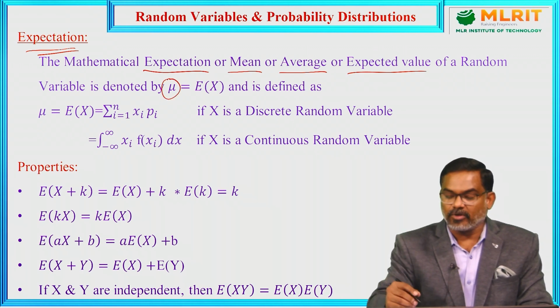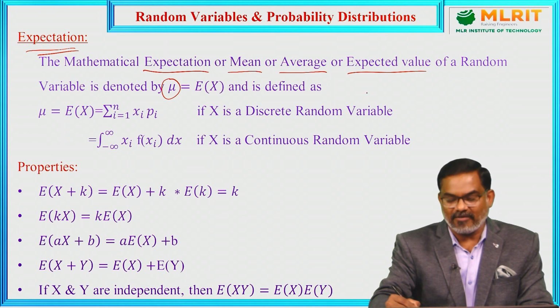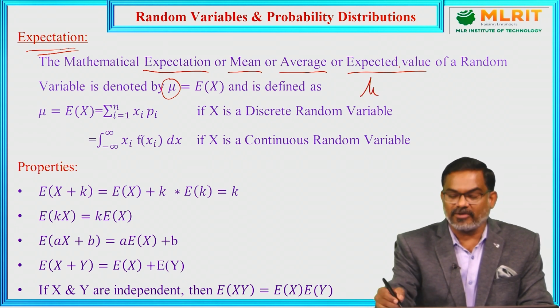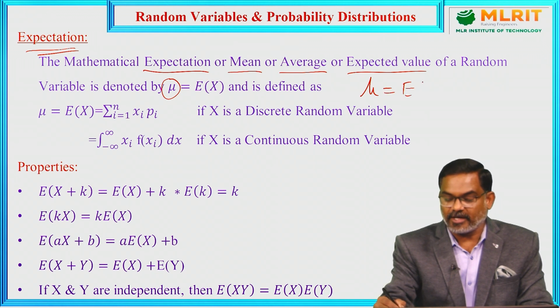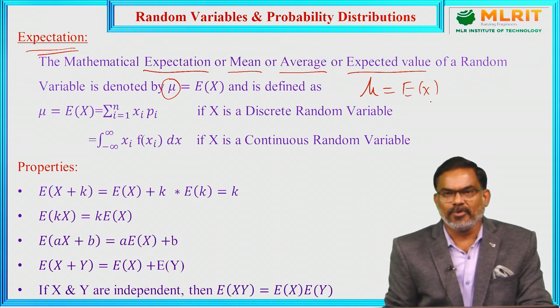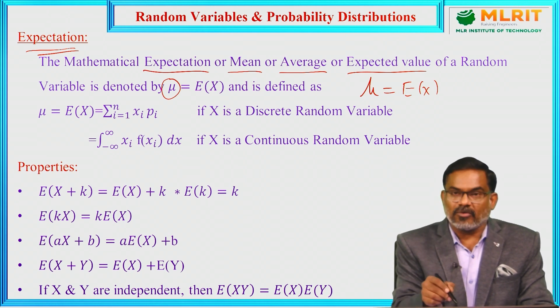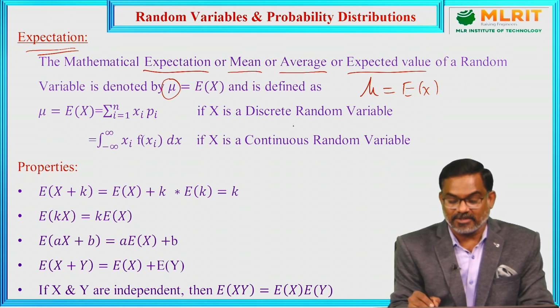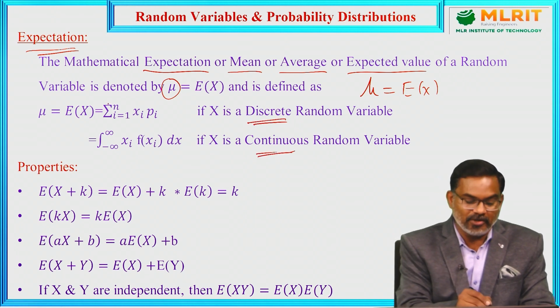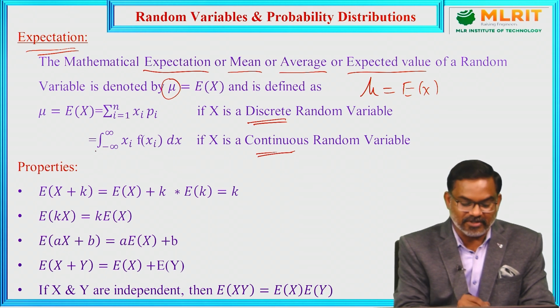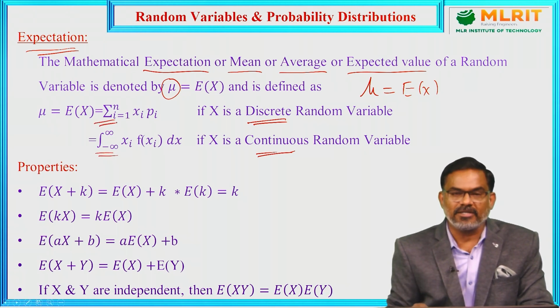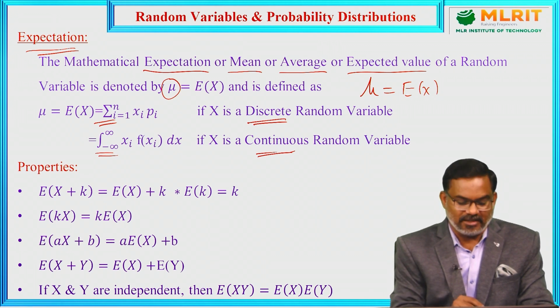Since we are using the expected value, it is denoted by capital E of x. So mu equals E of x, which is defined as follows. We have two different types of random variables, discrete and continuous. In the discrete case, we use sigma notation, and in the continuous case, we use integral notation.